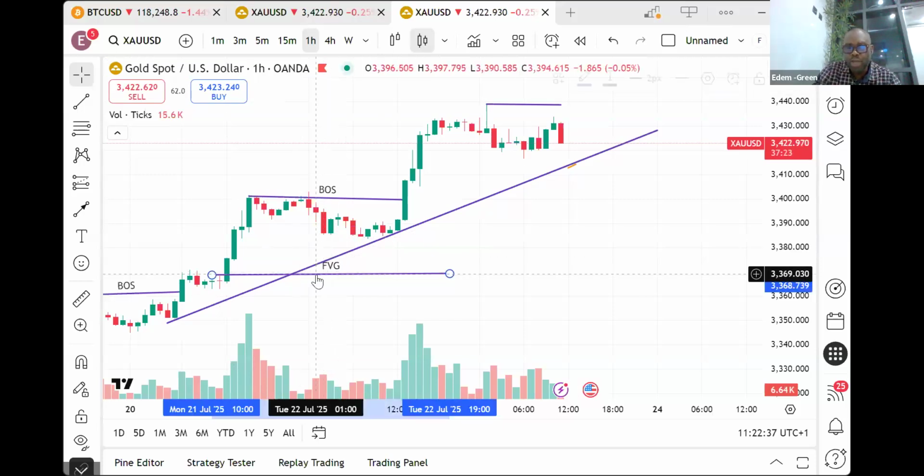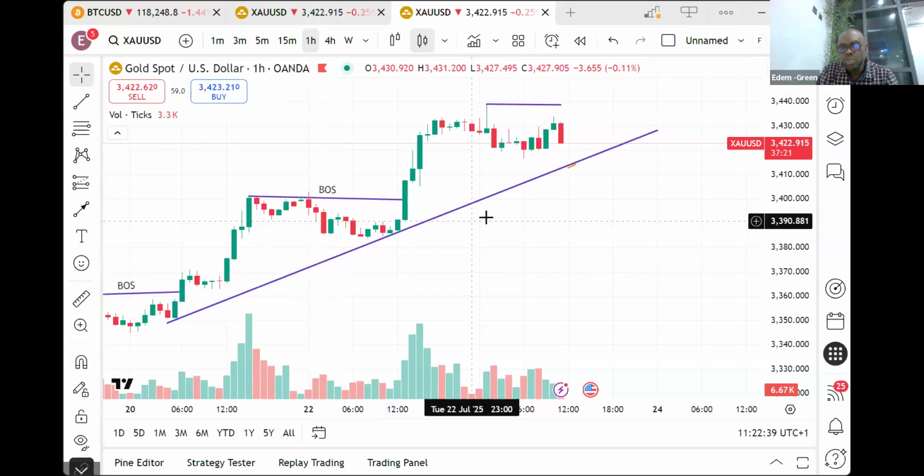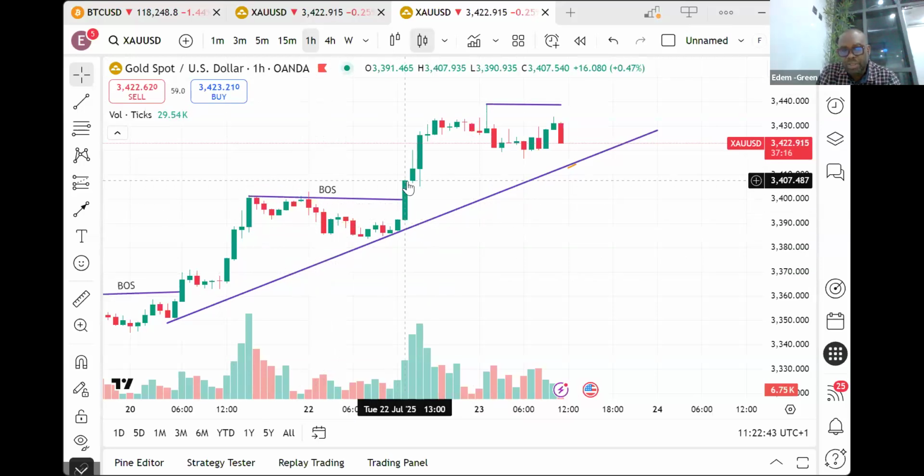Let's go to the one that we're using. So we come here. This is the third candle. There's an impulsive move, and this is the first candle, the impulsive move, and then there's a third candle.